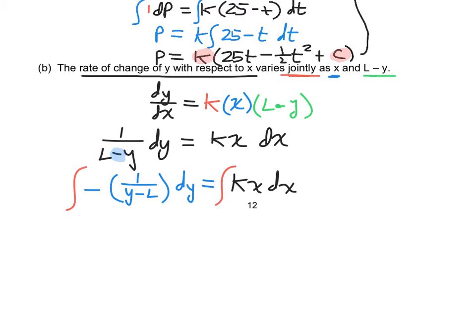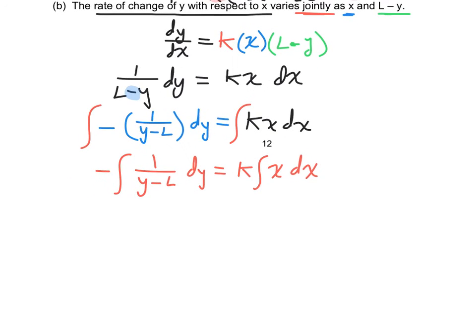I'm going to pull out any constant multiples, so negative antiderivative 1 over y minus L dy equals k antiderivative x dx. So negative ln y minus L equals kx plus c.